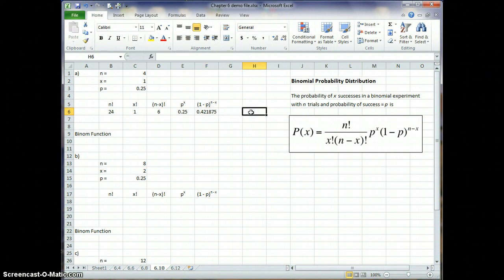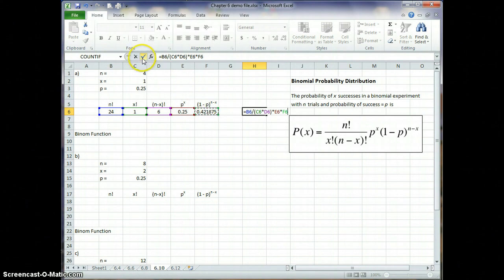And now what we need to do is actually run this calculation. So here's what I'm going to do. I'm going to go equal to the value of n factorial, divided by, and I'll put this in parentheses, x factorial multiplied by n minus x factorial, times p to the x, times 1 minus p to the n minus x.